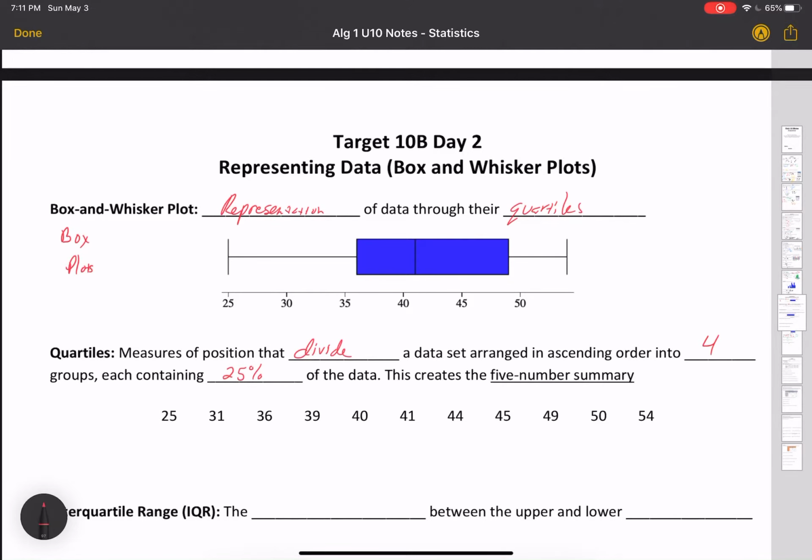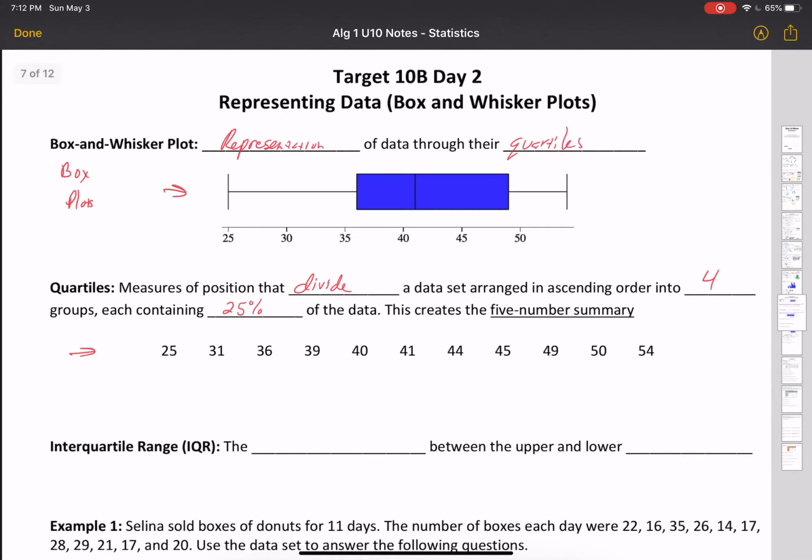So this graph right here is a box plot. This is the data set that goes with that box plot. So the 5-number summary consists of the following: the minimum value and the maximum value.